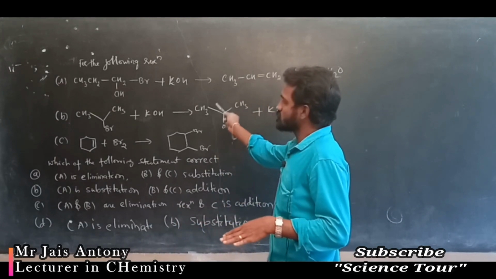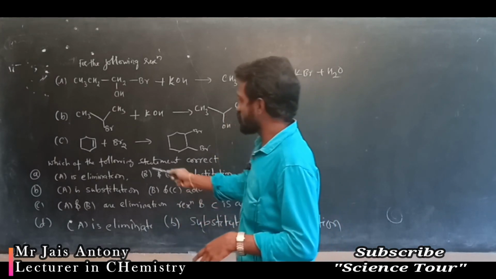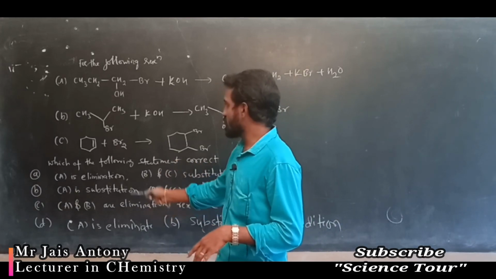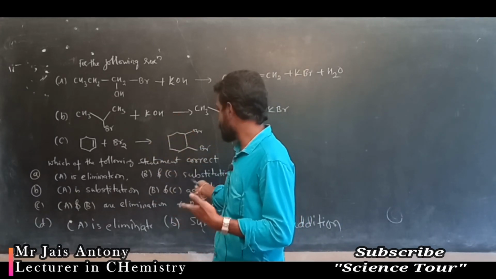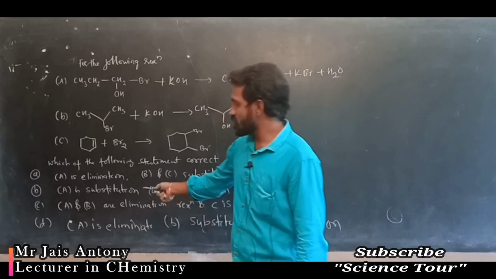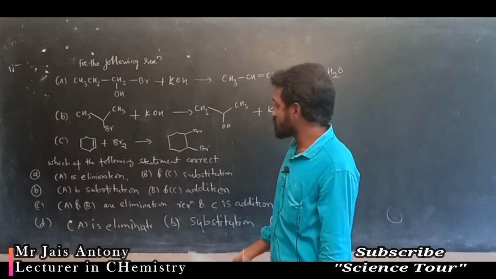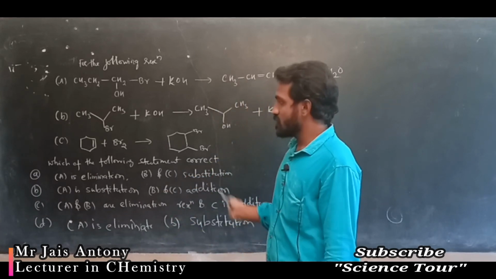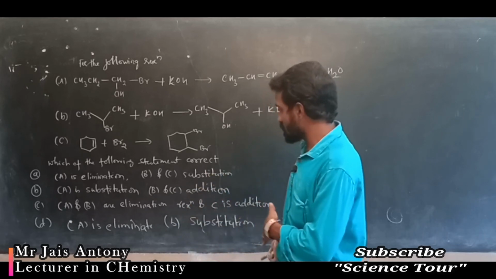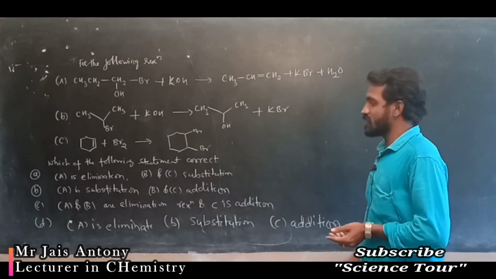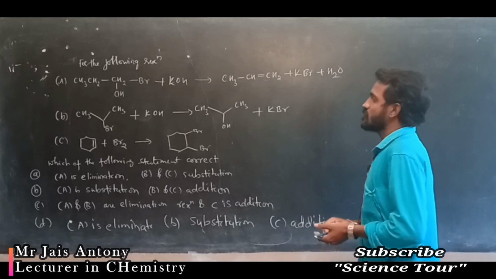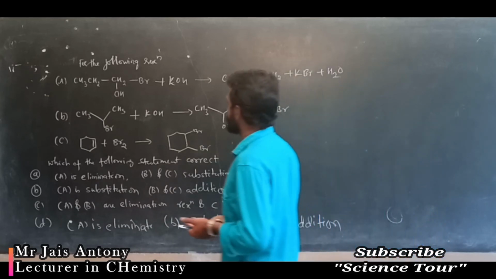This is the reaction, three reactions. Question is, which of the following statements is correct? Option A is elimination reaction, B and C are substitution, option B is A is substitution reaction, B and C are addition reaction. Option C is A and B are elimination reactions, C is addition reaction. Like that, different options are given. You have to find out which reaction it actually is.